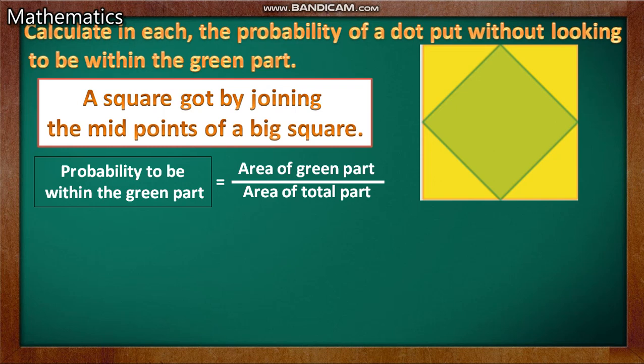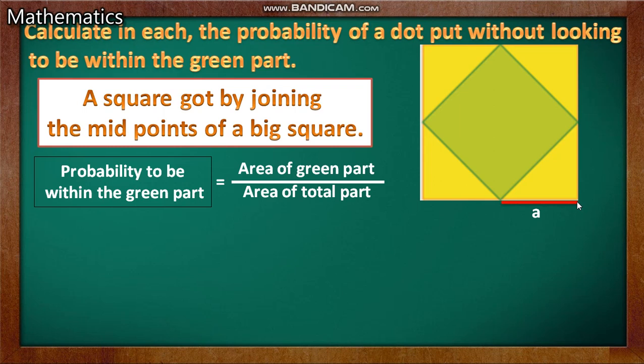Then how can we find the area of the green part? To find the area of that green part, we have to find the side of that square. Let's take this as A, this side from the center to the end.